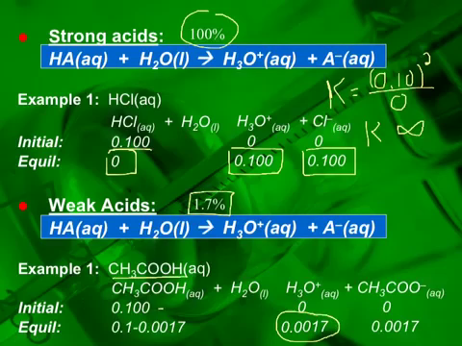So at the equilibrium, the concentration of acetic acid is 0.1 minus 0.0017 moles per liter. And if we do an equilibrium expression for it, we find that the K for this reaction will be very small.